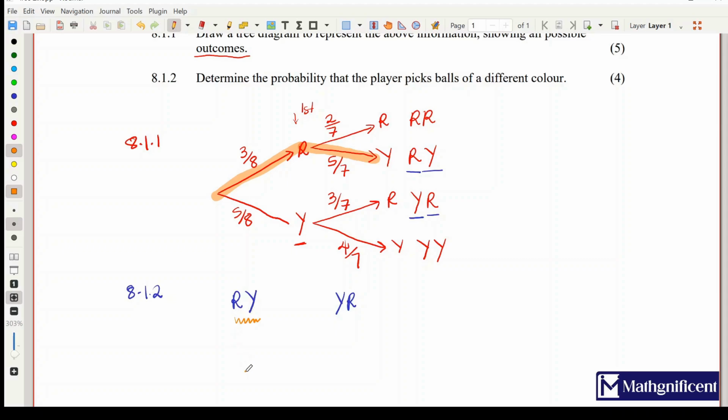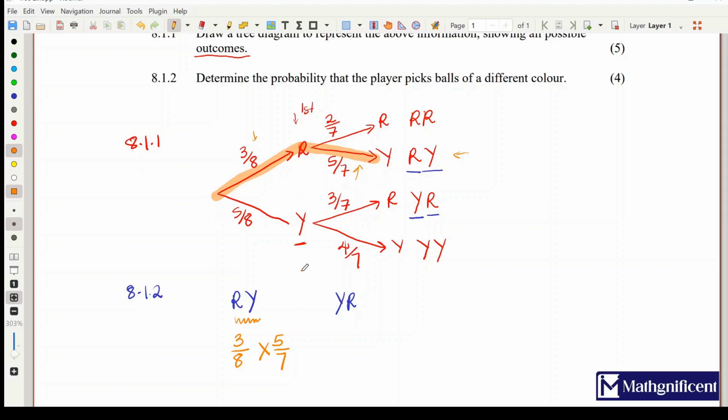How do we get this probability? This is going to be 3/8 multiplied by 5/7. If you are moving across to get this outcome, we multiply the 2 probabilities of the branches.